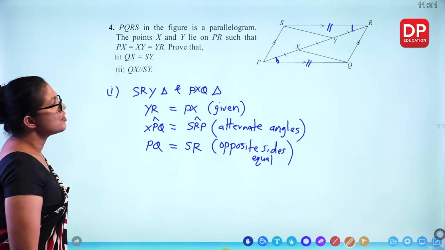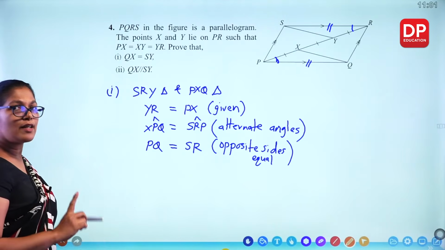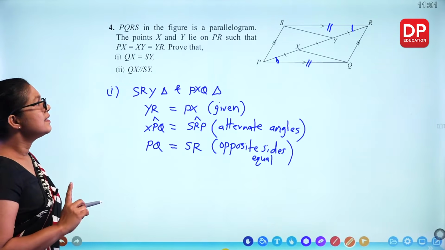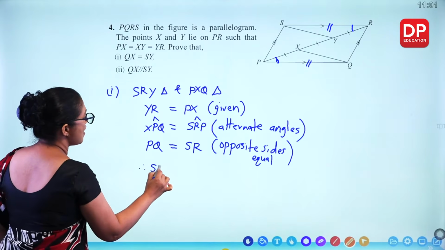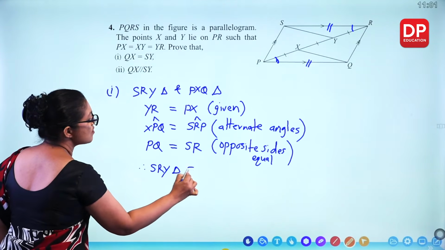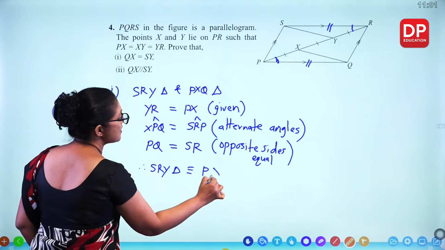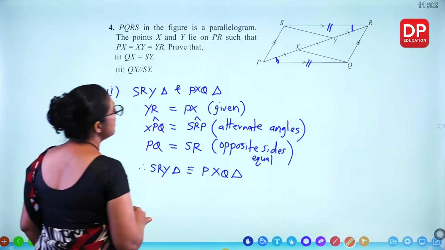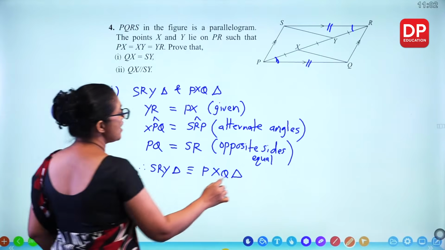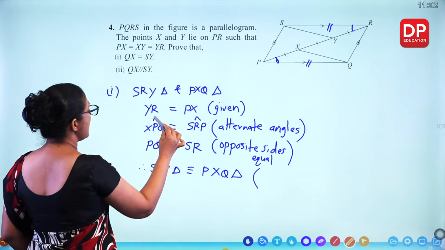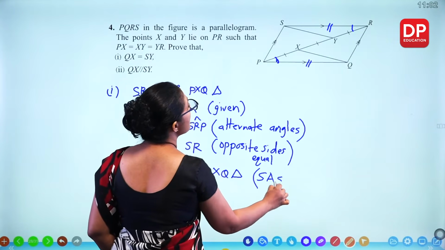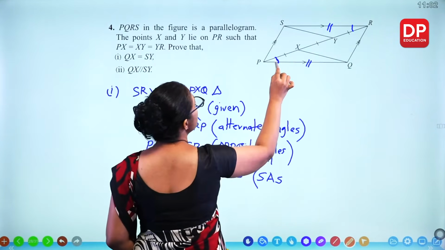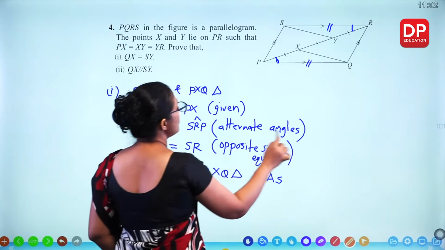What can you say about the triangle? Two lengths and included angle equal. That means SRY triangle is congruent to PXQ triangle. What's the situation? Side, angle, side. And you need to show that this is also the included angle.